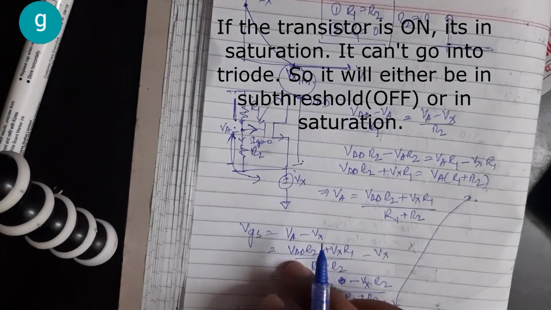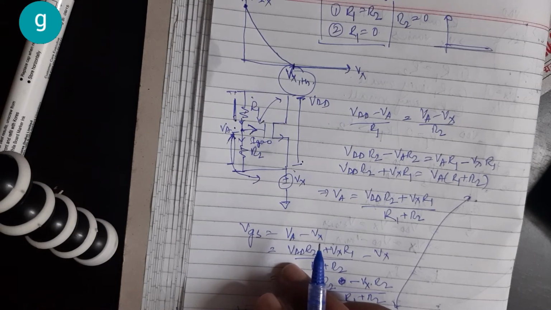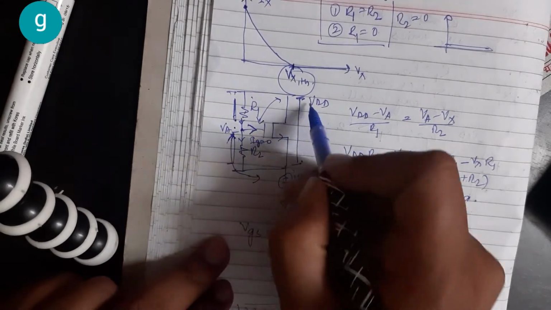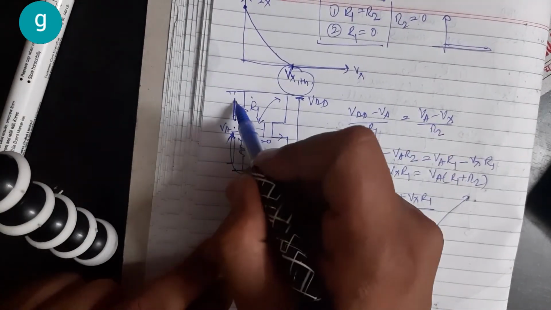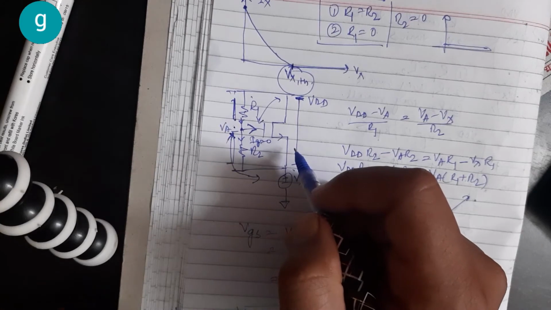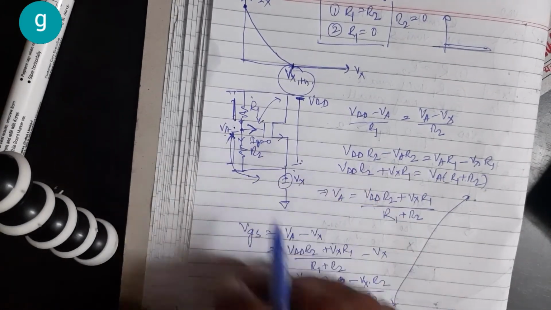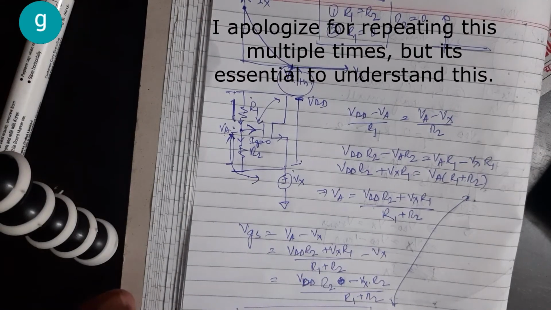I'll repeat, if it is not off, VDS will always be a voltage drop above VGS. In that case, VDS is automatically greater than VGS minus VTH. So the transistor will always be in saturation.